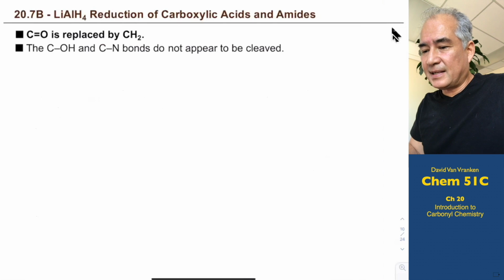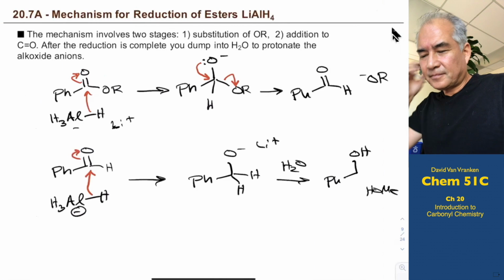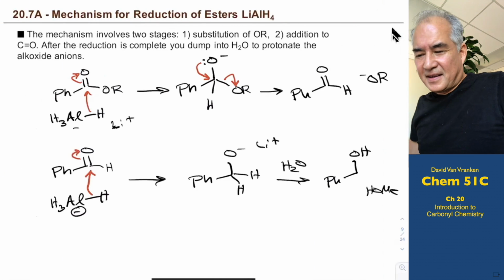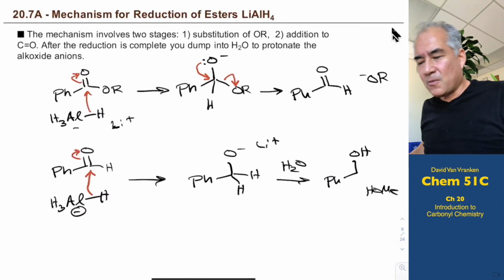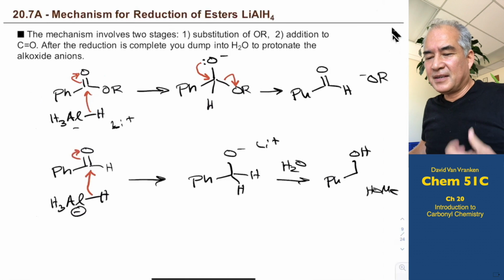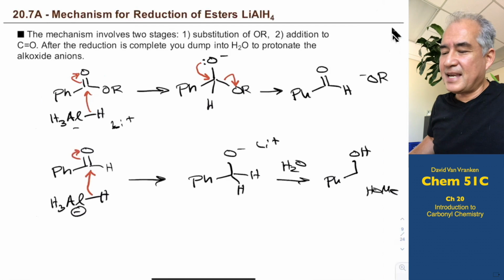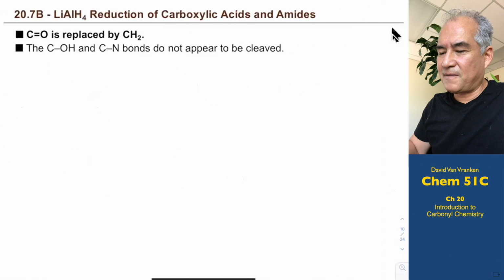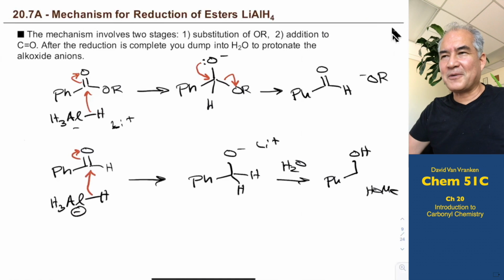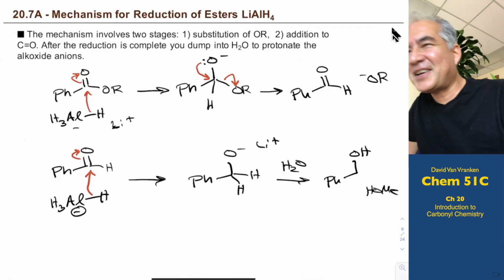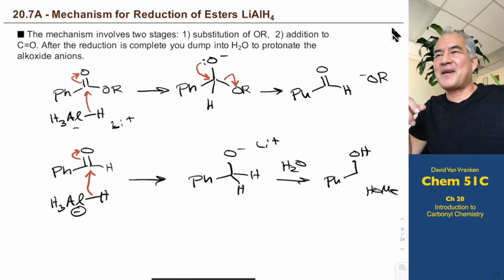We've made some decent headway here. And when we come back on, I think, Friday, we're going to talk about reduction of amides. And the really key thing that we're going to get to is addition of carbon nucleophiles to carbonyl groups. And that's really the meat of this chapter, forming carbon-carbon bonds.